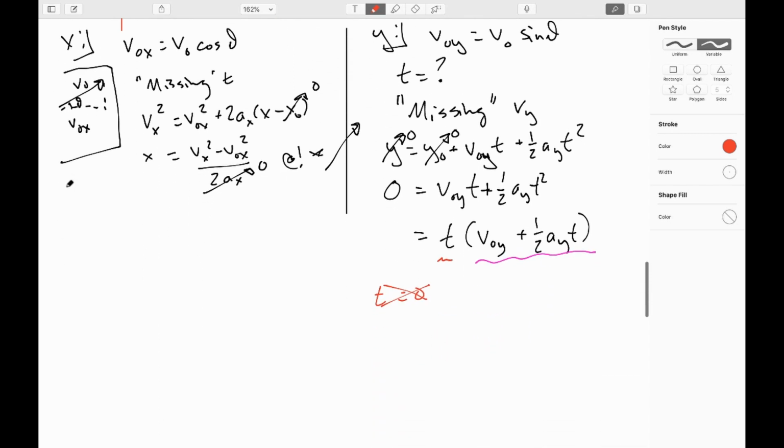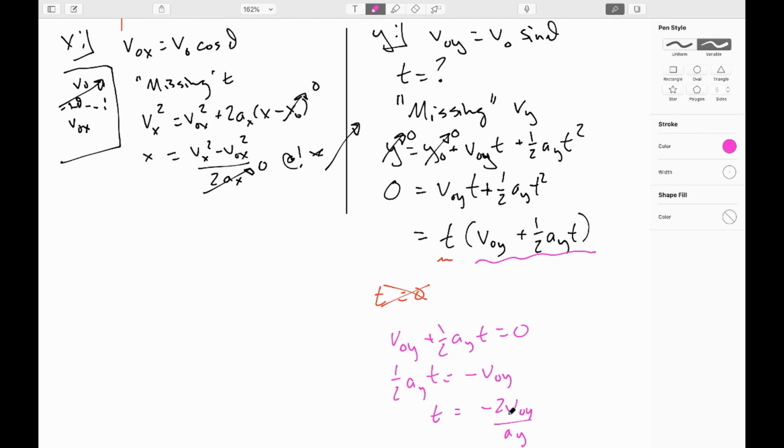So what we need to solve for is the case when the pink term is equal to 0. So this is where v naught y plus 1/2 ay t equals 0. So 1/2 ay t equals negative v naught y, t equals minus 2 v naught y over ay.